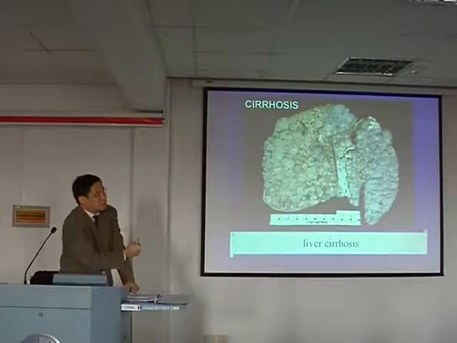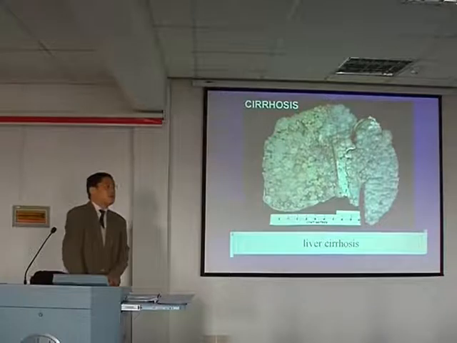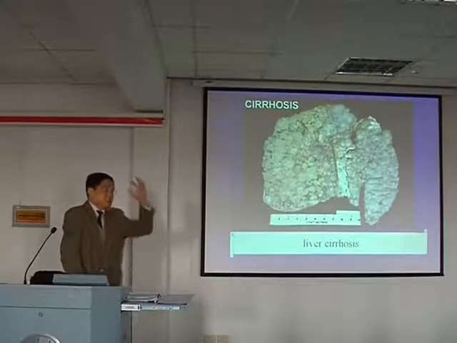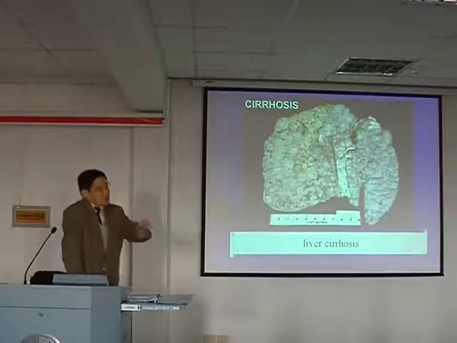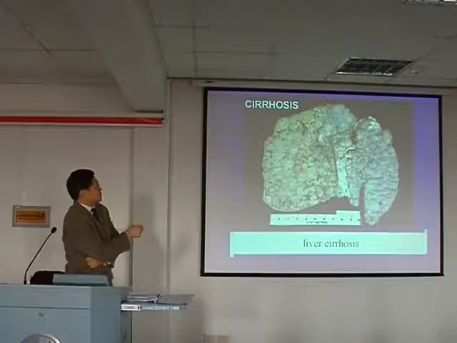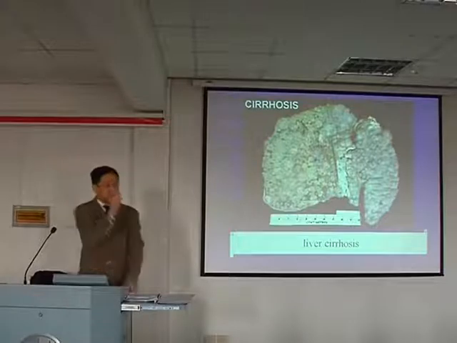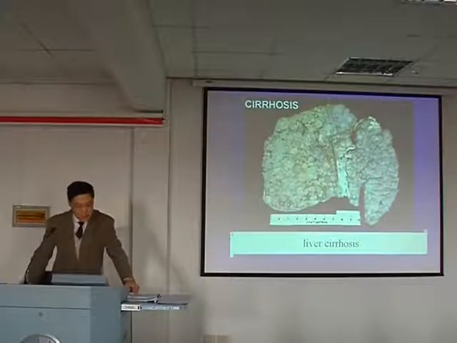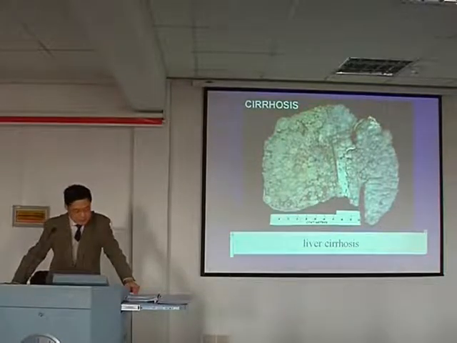The framework of the liver cell collapsed, and instead of it there are necrotic nodes, fibro nodes, and this shows cirrhosis.